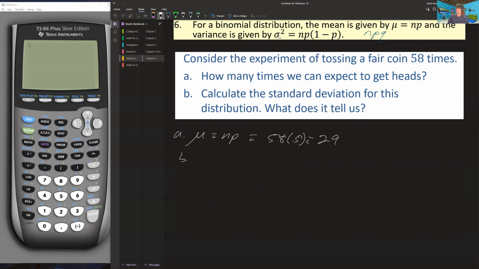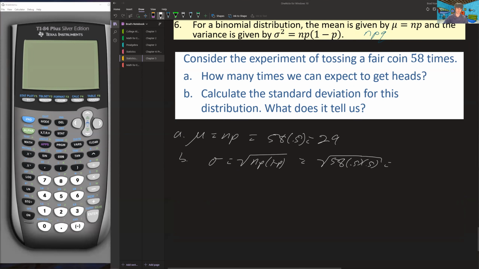The standard deviation, now if the variance is NP times 1 minus P, then the standard deviation is the square root of this. So the square root of NP times 1 minus P. In this case, it is the square root of N, 58, P, which is 0.5, and then 1 minus P is also 0.5.